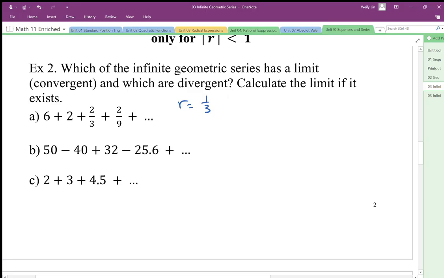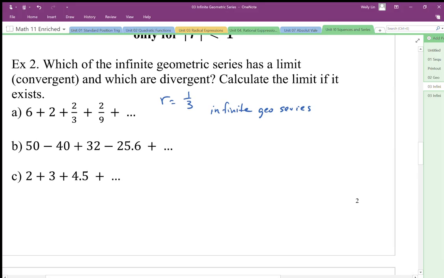Well, that means then that this is an infinite geometric series, which means then it must be convergent. Okay? And again, it means that it converges to a finite sum.